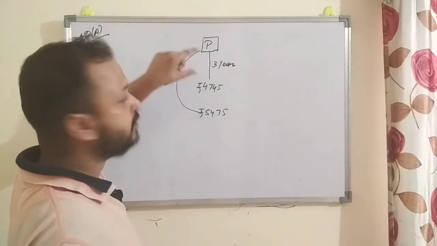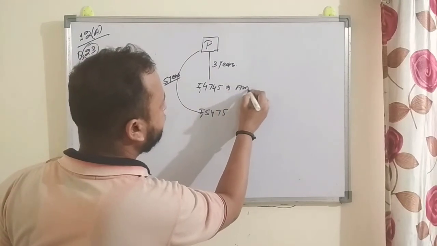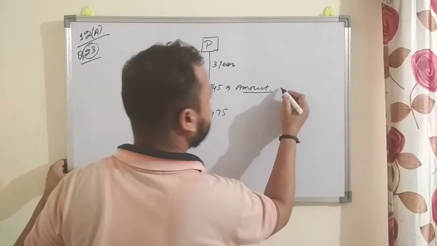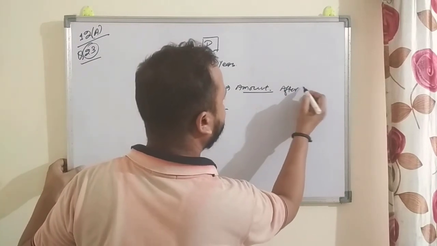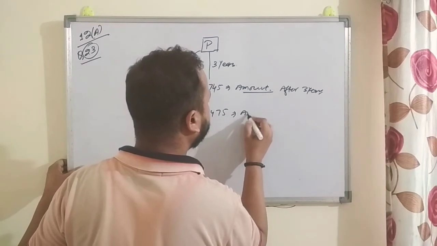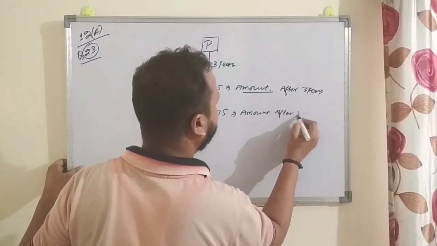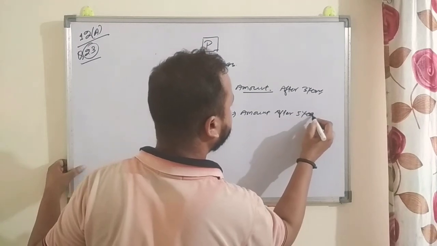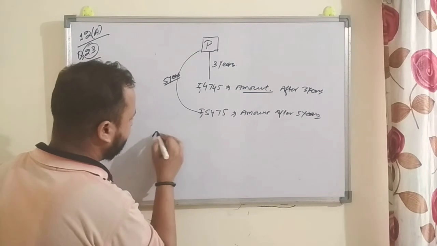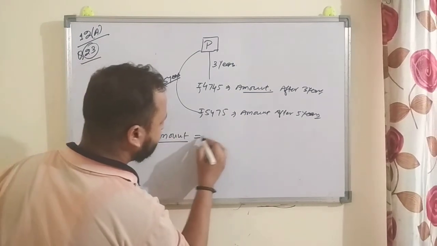So you can see that this is the principal and this is the amount after 3 years, and this is the amount after 5 years, right? So we know one more thing: amount means what?